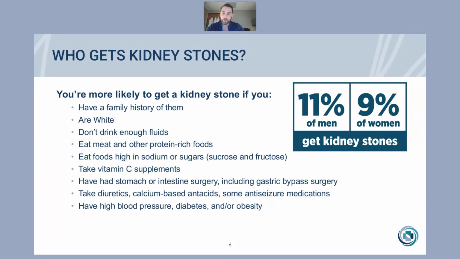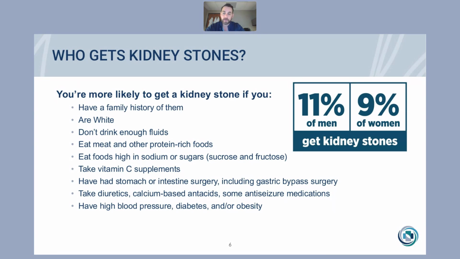As we mentioned earlier, meat and other protein-rich foods, diet plays a big role in stone formation. Foods that are high in sodium or sugar, and excess vitamin C, believe it or not, can lead to stones. The excess vitamin C in the body will get converted to oxalates, which is the other big component of the most common type of stone, calcium oxalate stones.